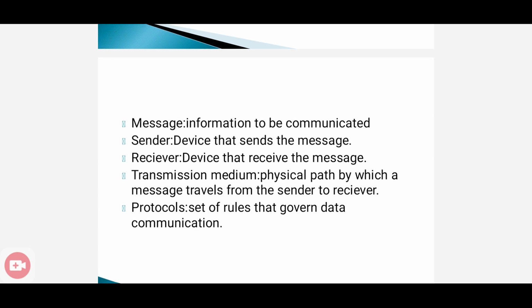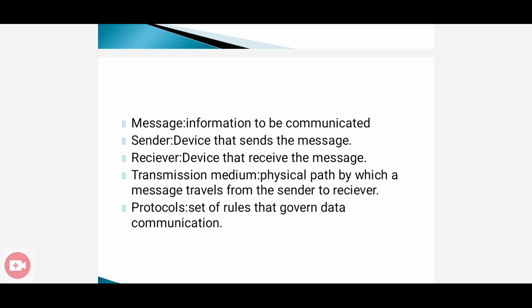Here message means the information that is to be communicated. The sender is a device that sends the message, and the receiver is a device that receives the message. The transmission medium is a physical path by which a message travels from the sender to the receiver. Protocol is a set of rules that govern data communication.